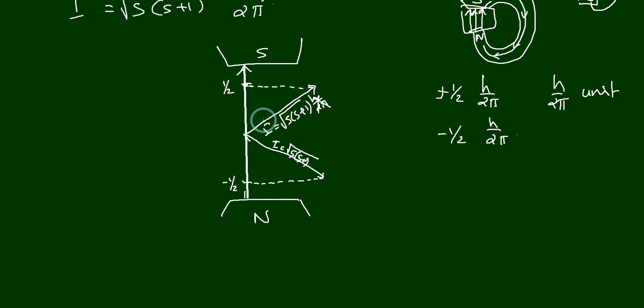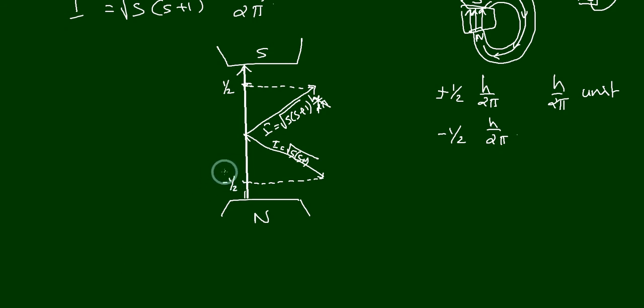So the spin angular momentum vector of the electron can orient only in two directions in space, because only in these two directions its component will be half integral multiples of h divided by 2 pi.